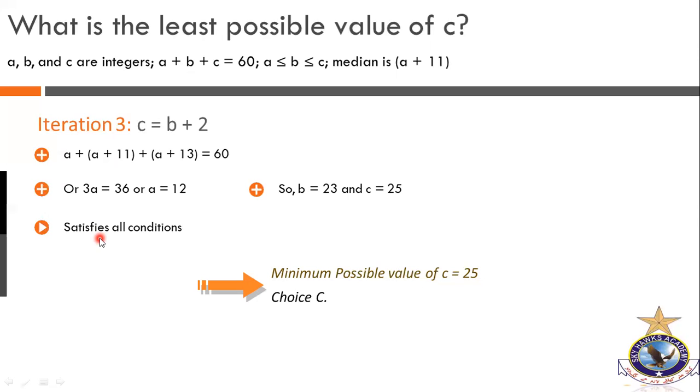If you can see the sequence, that is 12, then 23, then 25. So the data lies in the 23, that is the middle value, the second value. So all the conditions are satisfied. The minimum possible value of C is 25. So the choice is C.